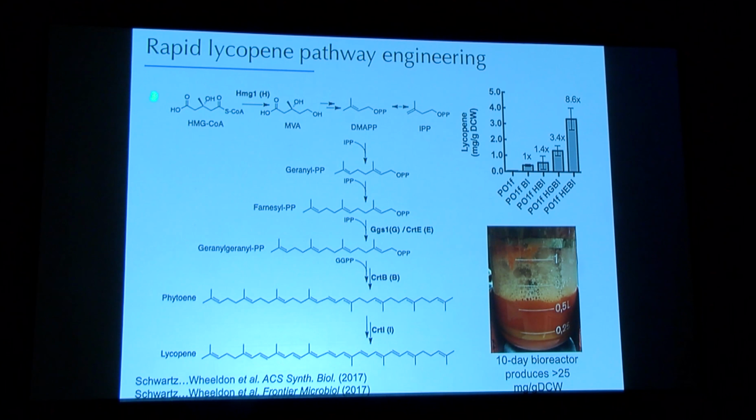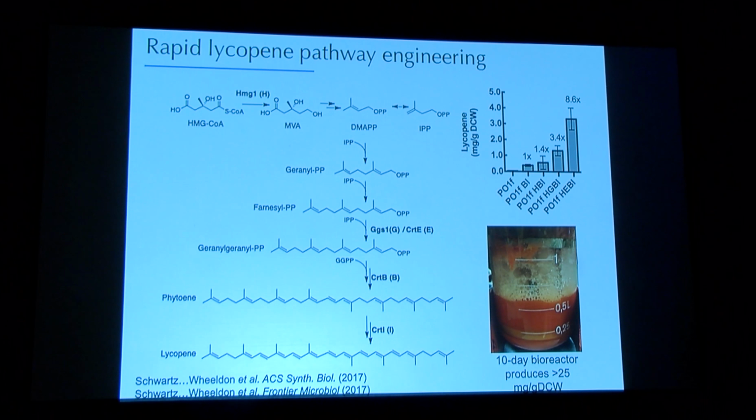So we would produce lycopene or do a design cycle using these standardized sites to integrate genes reasonably quickly, and we could show that adding 2 and then 3 and then 4 and then 5, et cetera, the optimization from the wild type to this optimized strain, we got about 10-fold more lycopene.